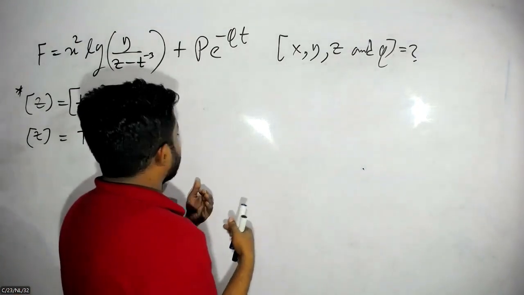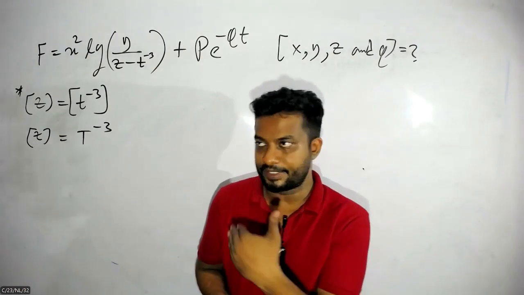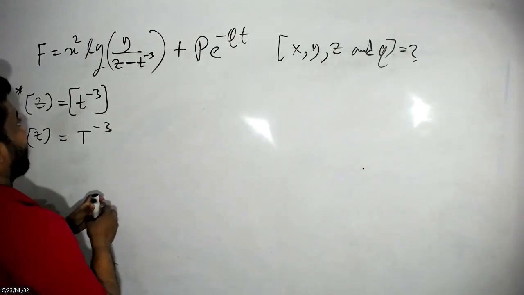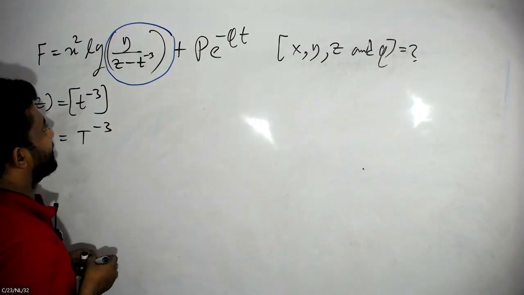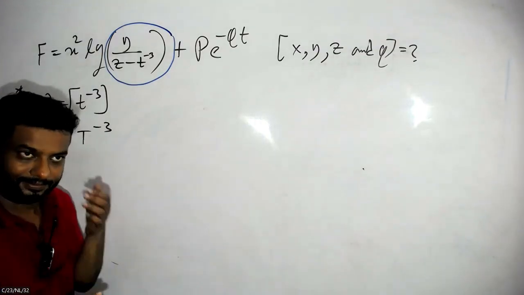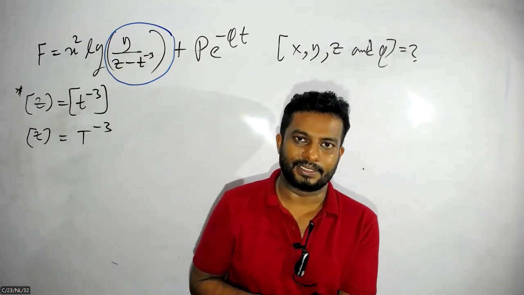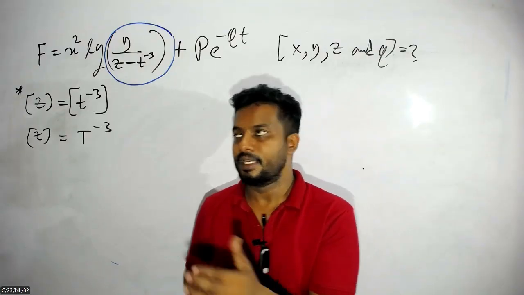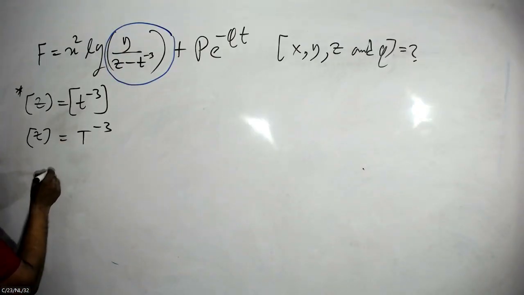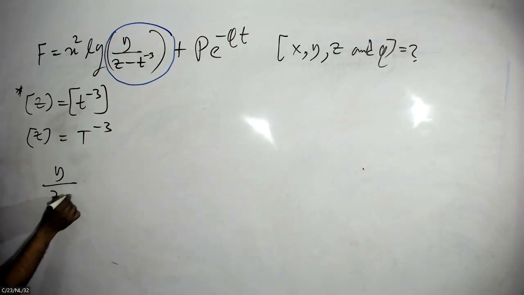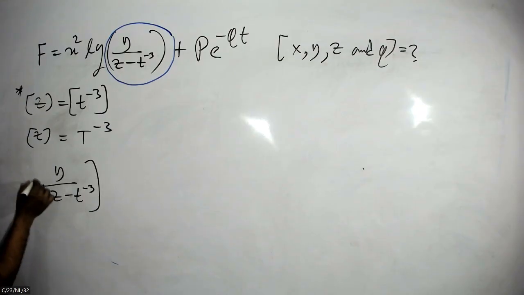Then you can find the dimensions of Y. To find the dimensions of Y, you can apply this theory point. Here you consider the log value of the term Y over Z minus t to the power minus 3. We consider dimensions only for the pure numbers, not for the physical quantities. That means this combination Y over Z minus t to the power minus 3 cannot have a dimension.